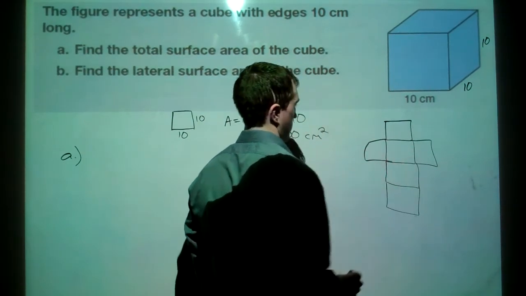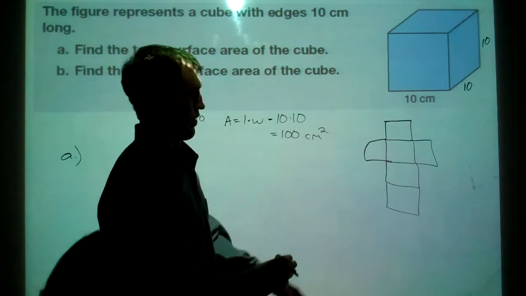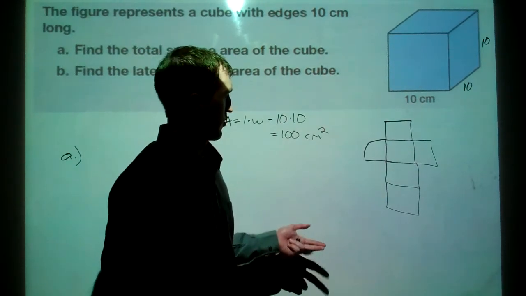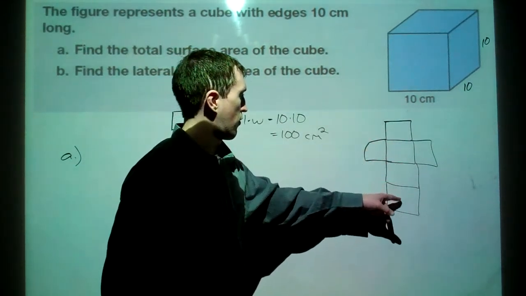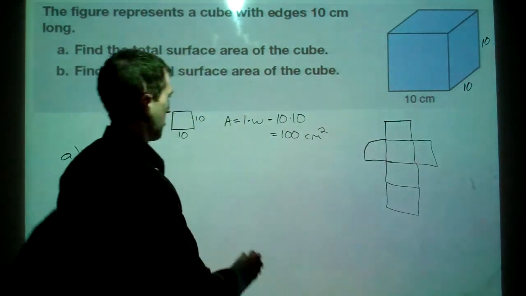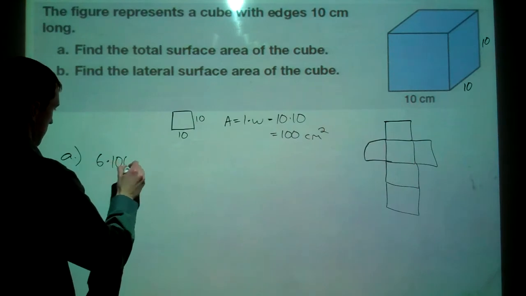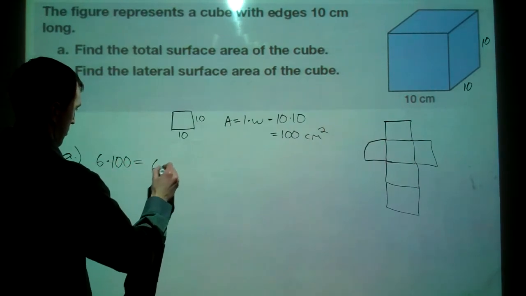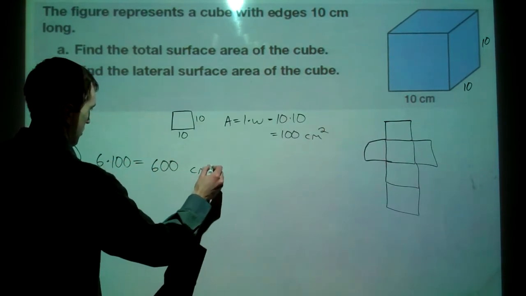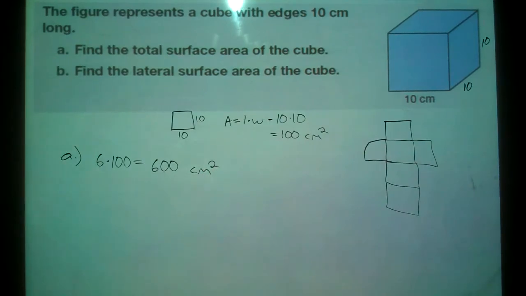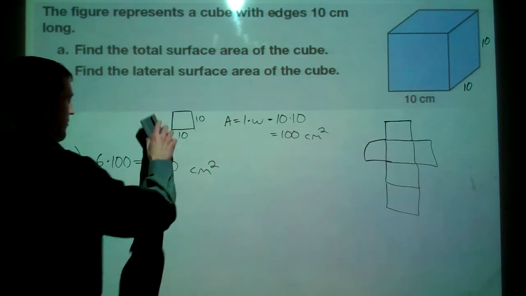If we were to unfold this cube, how many squares do we have? Well, we have 1, 2, 3, 4, 5, 6. So we're going to multiply this by 6 and get our total surface area. So 600 centimeters squared. So that's our total surface area.